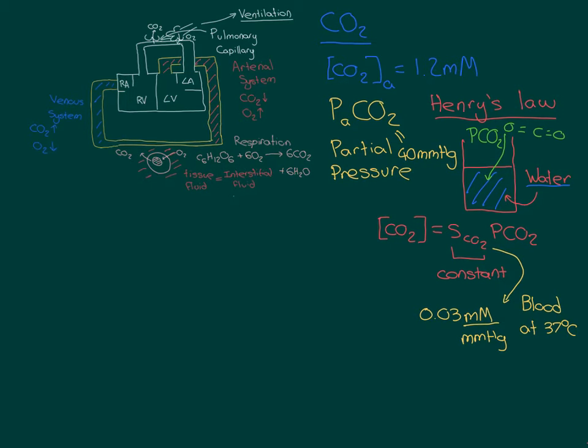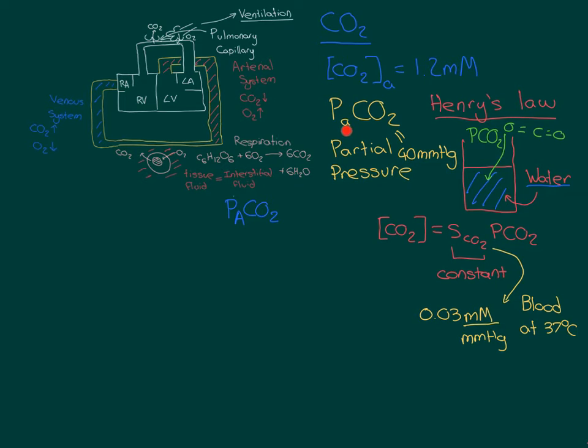Right, so where do I want to go now? One more comment about this. If this is the arterial partial pressure of CO2, 40 millimeters of mercury, what does that actually mean with regards to what the alveolar partial pressure for CO2 is? So another important concept here is the alveolar partial pressure of CO2, and this is written P subscript capital A, so note here the difference between this one and this one.